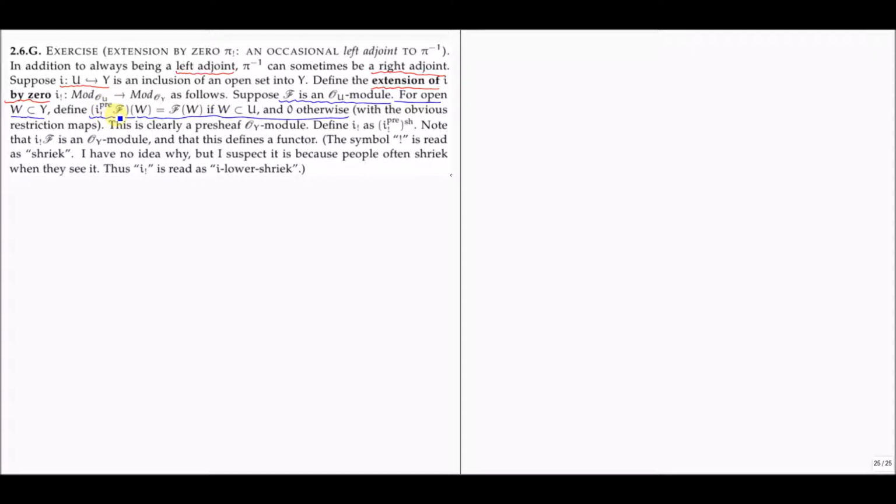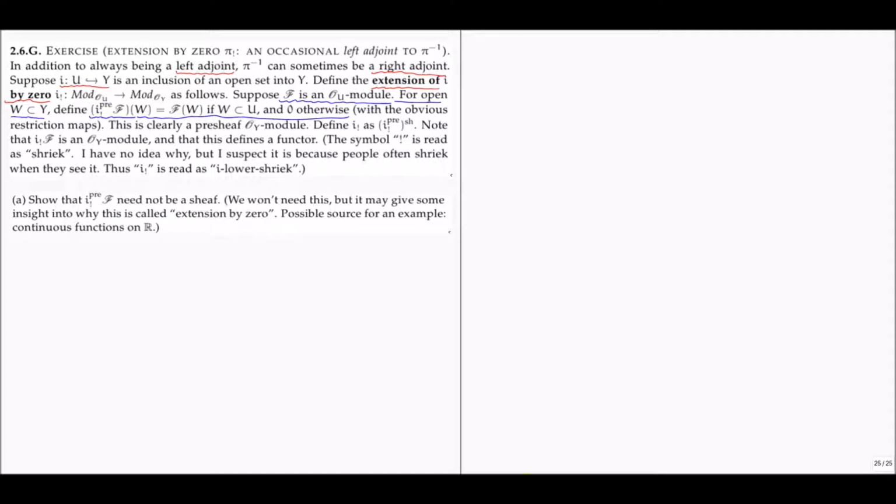It is a pre-sheaf, and the counterexample will be given by the continuous functions on R. We let the topological space Y be the real line, and let this open subset U be the positive real line.